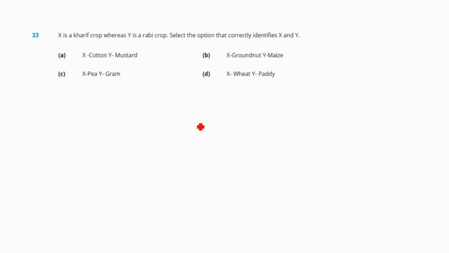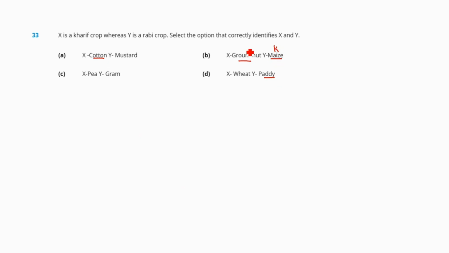Question 33. X is a kharif crop whereas Y is a rabi crop. Select the option that correctly identifies X and Y. A is cotton and mustard, B is groundnut and maize, C is pea and gram, and D is wheat and paddy. So among the given options, we can see that cotton, groundnut, maize, and paddy, these are the kharif crop.